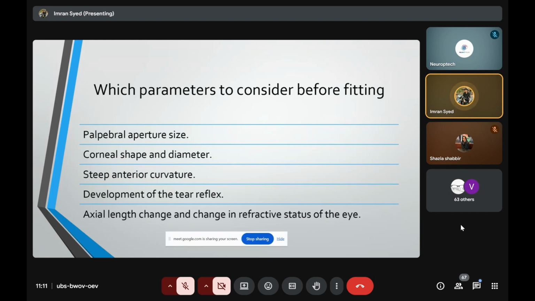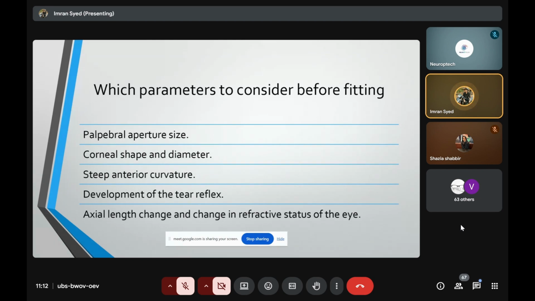So if you have taken the K readings, and the flat K is around 42 diopters, you need to give them 1 or 1.5 mm steeper than the flat K, because their anterior curvature is steeper than that of a usual adult. And you also look for the tear reflex, because in the early stages of life, children will not have developed tears, they will not have the tear reflex.